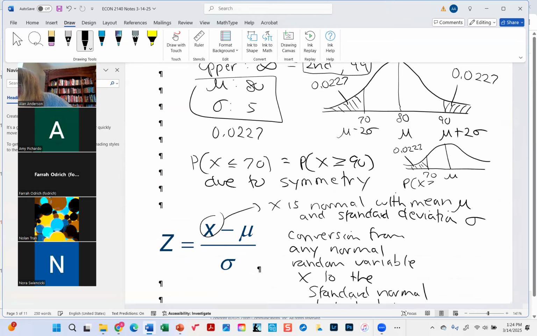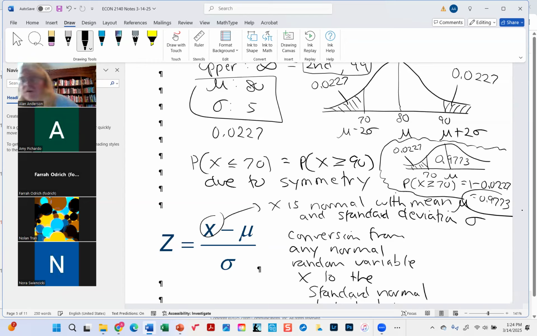If I wanted to know the probability of being at 70 or above, it must be 0.9773 because that is 1 minus 0.0227. I thought I'd just throw that in there just as a quick reminder. Okay, so in other words, those two have to add up to 1. So we're not really using the property of symmetry. We're using the fact that the curve has an entire area of 1.